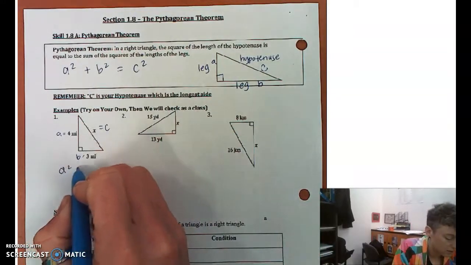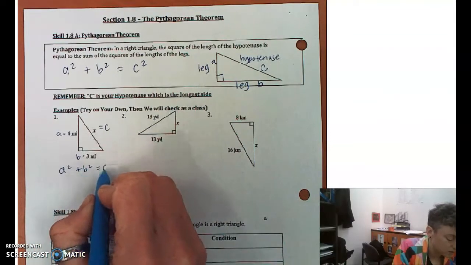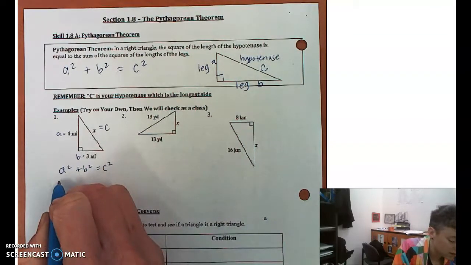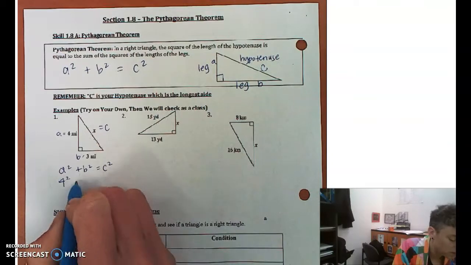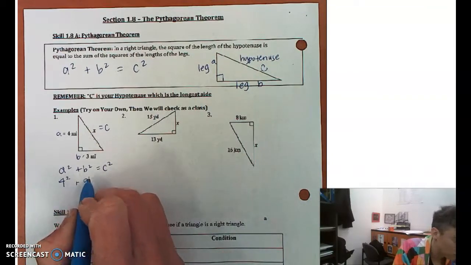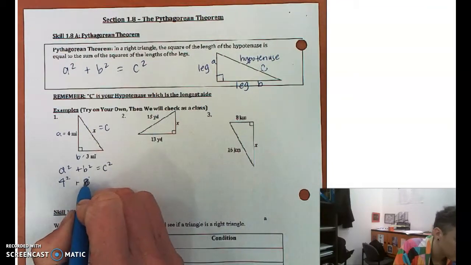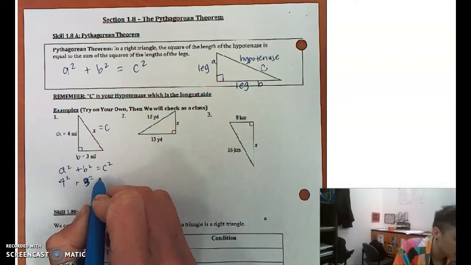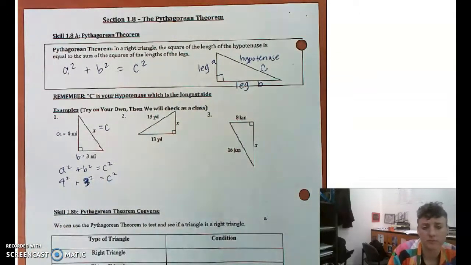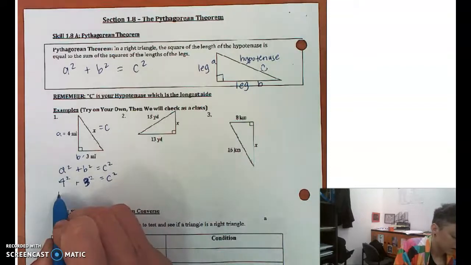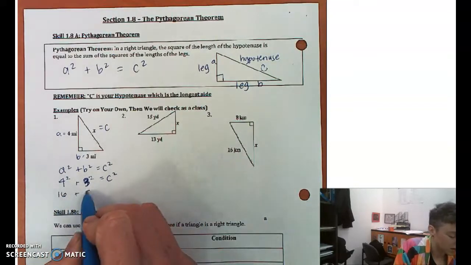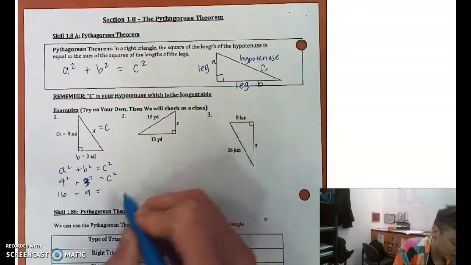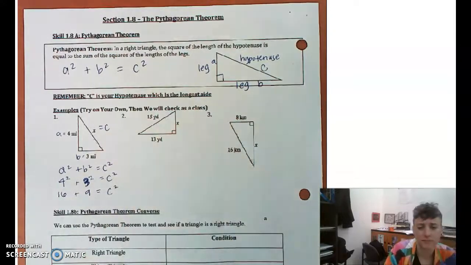A squared plus B squared equals C squared. So we're doing 4 squared plus 3 squared is C squared. 4 squared is 16, 3 squared is 9, is C squared.